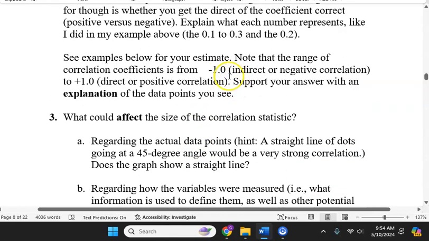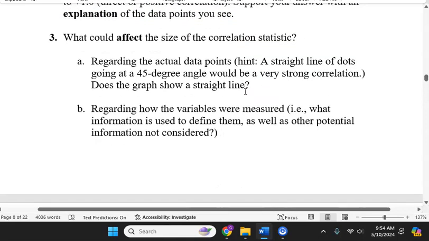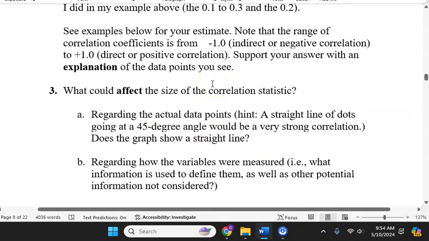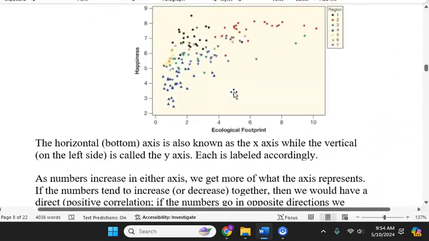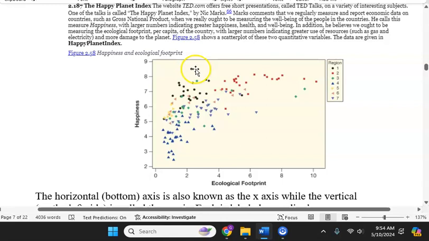Again, the range of the coefficients goes from -1 to +1. So if I see numbers outside that, that is going to be incorrect. And again, give me the direction, whether it's direct or indirect. And what could affect the size of the correlation? Well, you'll find in your readings that outliers can change that.